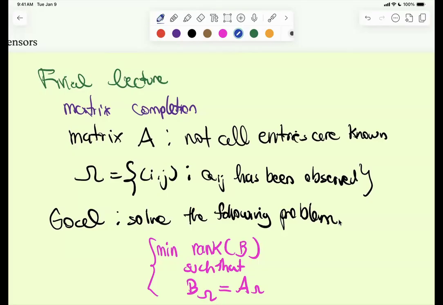In this type of setup, the idea is that you know certain entries of the matrix, which is what you see here. Just to explain what I wrote: the original input is this matrix A, but not all the entries are known, or you don't want to use all of them.